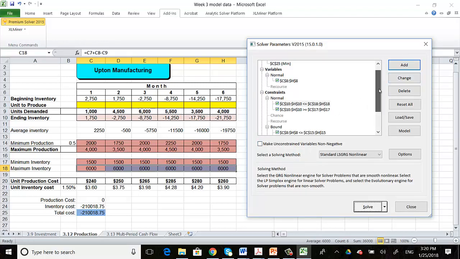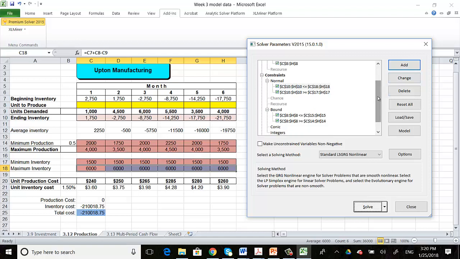Okay, so let's see. Earlier, one of you, what's your name? Martin. Okay, Martin, I remember that. Martin asked why, when we add those constraints, they become a bound. When we enter them, we didn't select the bound constraint, but they automatically get categorized as bound constraints.